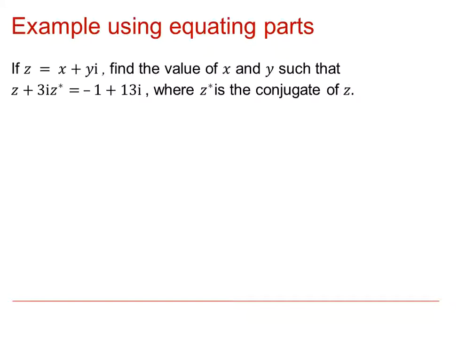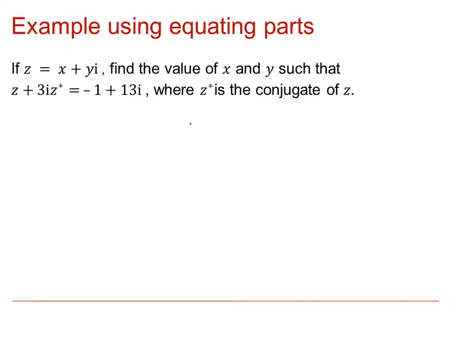So we can use this idea to solve a more complicated equation. So here we're looking for z, and we're told that it is x plus yi. And we want to find the values of x and y such that z plus 3i z star is exactly the same as minus 1 plus 13i. z star is the conjugate of z.